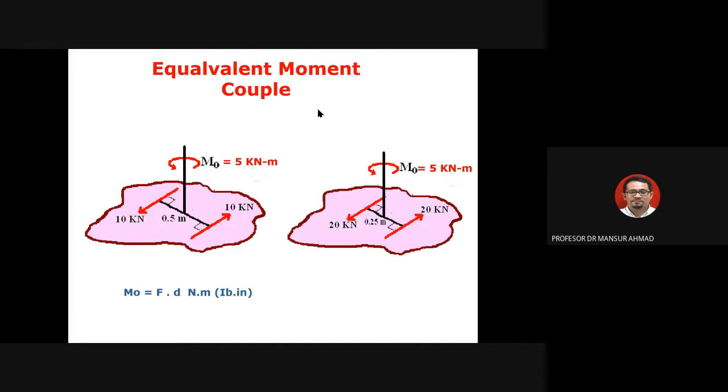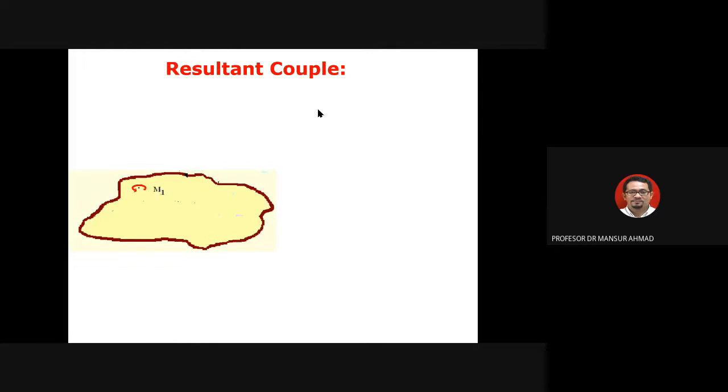So that's how you have that feeling for this particular slide here, equivalent moment couple. Do you have any question on this slide? Okay, let me proceed to an example later.